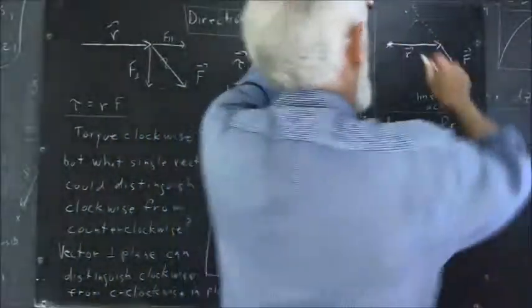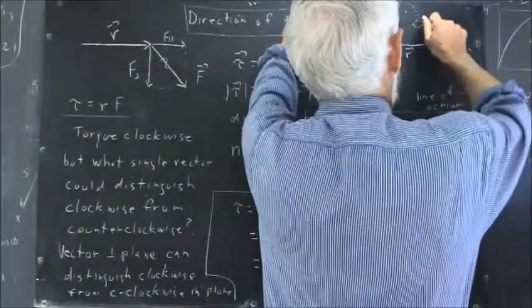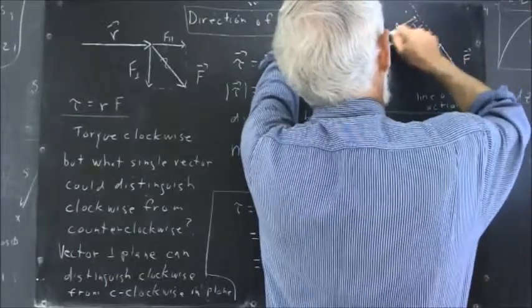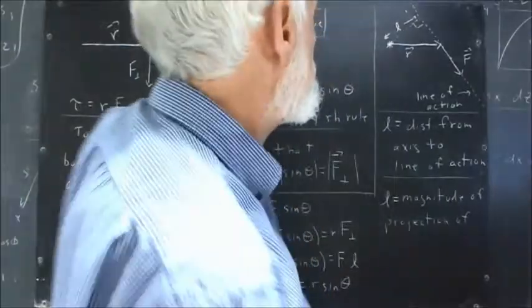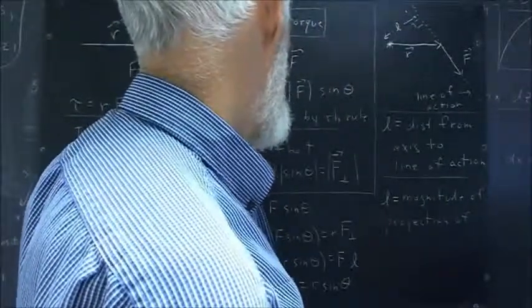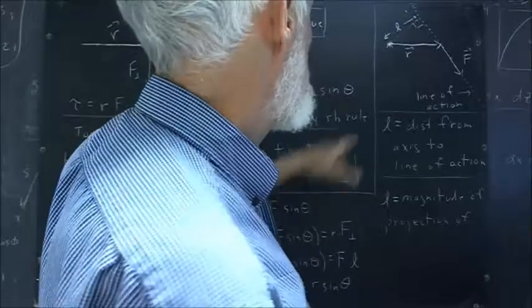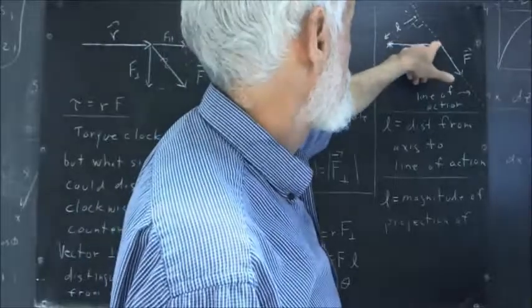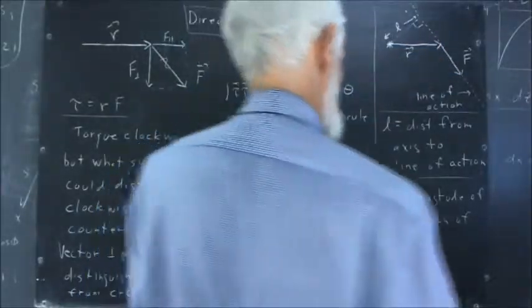Well, here we have a perpendicular. Here we have then L. And that's just the projection of the r vector on the f vector.